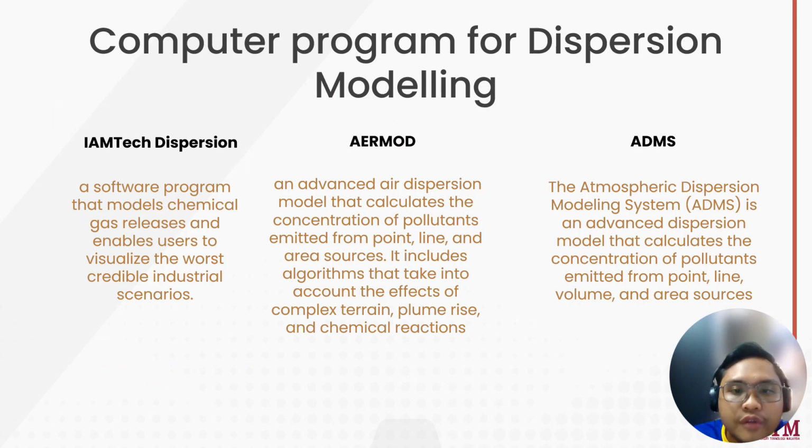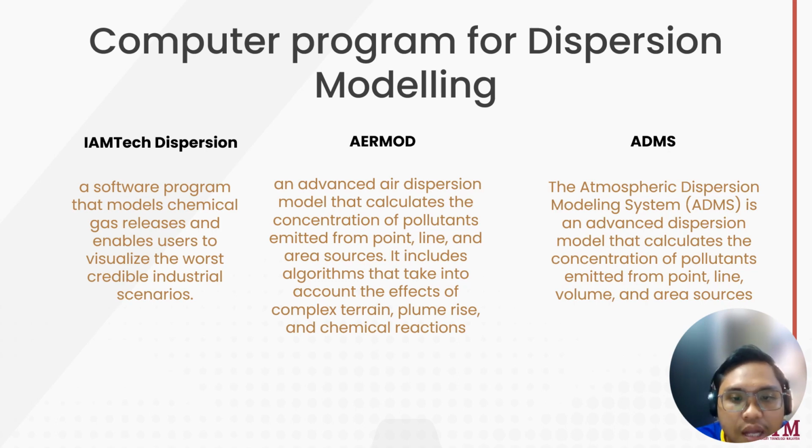Alright, for computer programs for dispersion modeling, there are three models. First is IM-Tech Dispersion, a software program that models chemical gas releases and enables users to visualize the most credible industrial scenarios. The second is Mohd, an advanced air dispersion model that calculates the concentration of pollutants emitted from point, line, and area sources.